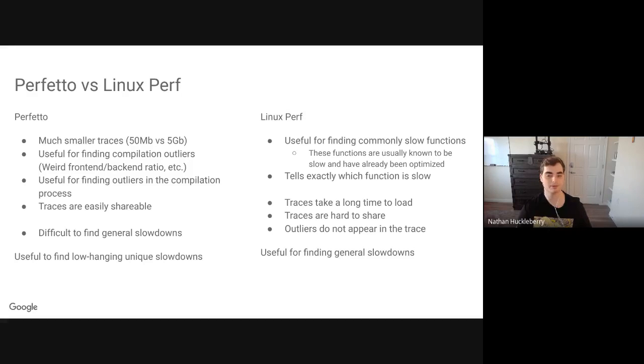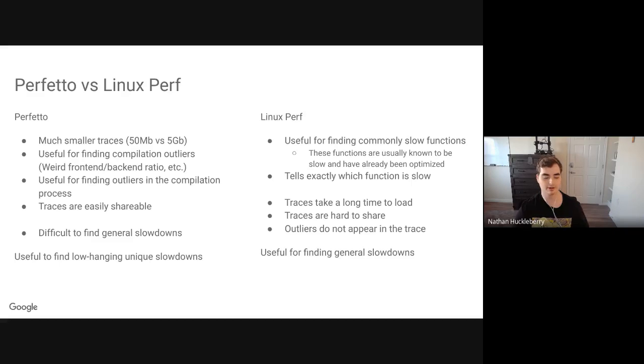And then Linux perf, on the other hand, made it really easy to find functions that are just generally slow in Clang. Unfortunately, a lot of these functions are already known to be slow and were already optimized. So maybe there could be more optimization to be done there, but a lot of them are already known to be slow. Furthermore, the Linux perf traces take a very long time to load.